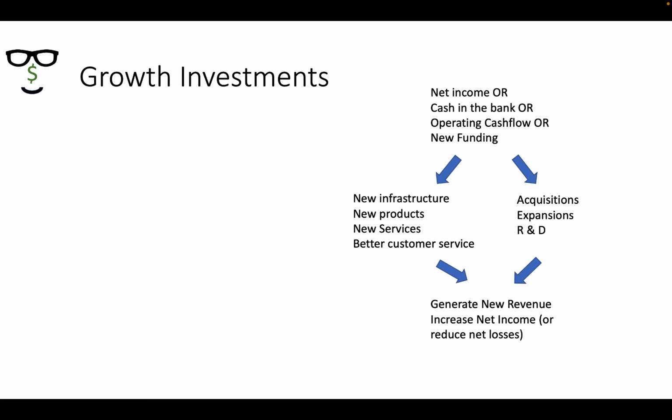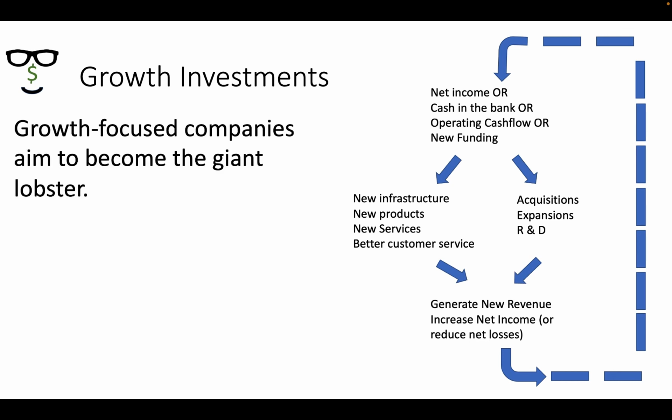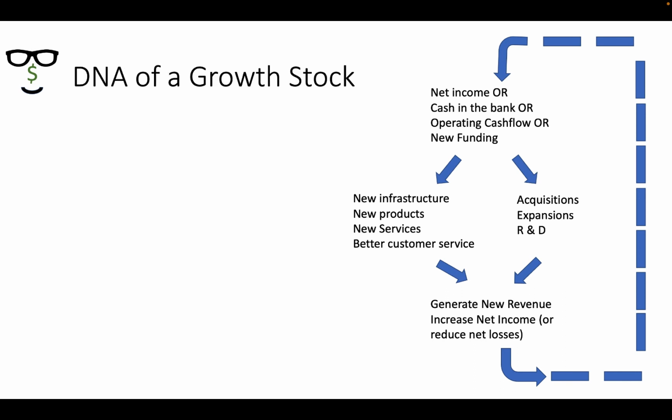And when that lobster breaks out of that shell, it goes right back to the top, generates more net income, puts more cash in the bank, progresses towards cash flow positive, and continues the cycle. You, the growth investor, are continuously betting on the engine to keep growing and growing and growing until you are ready to cash out or until the company itself has a transaction.